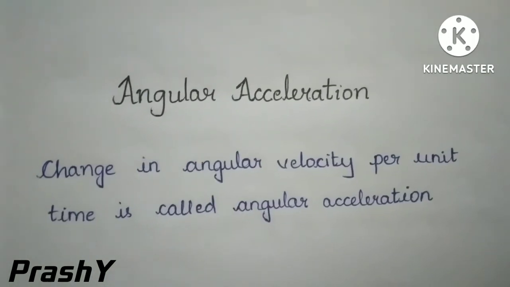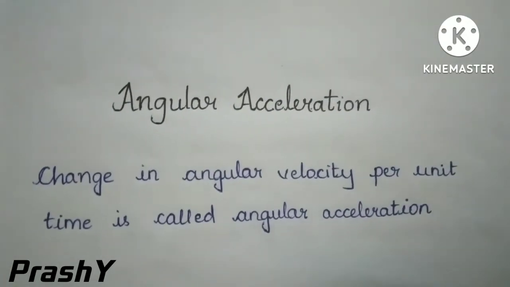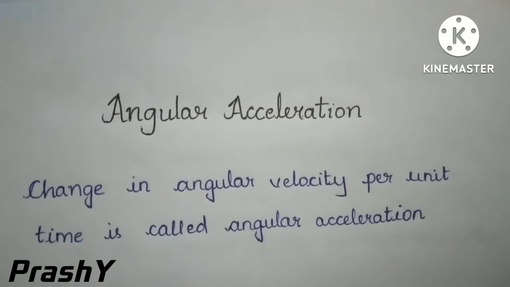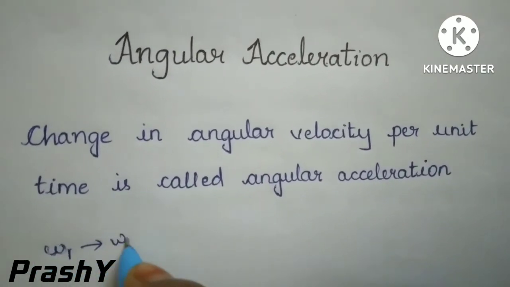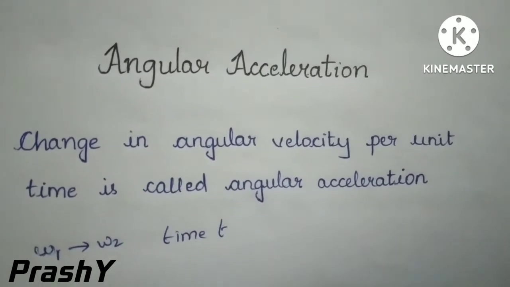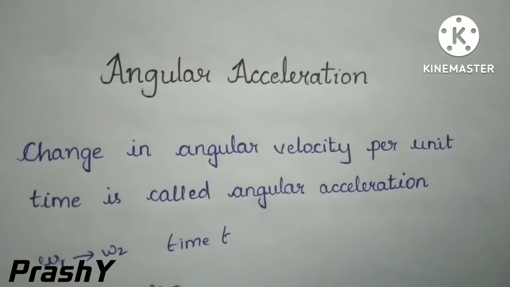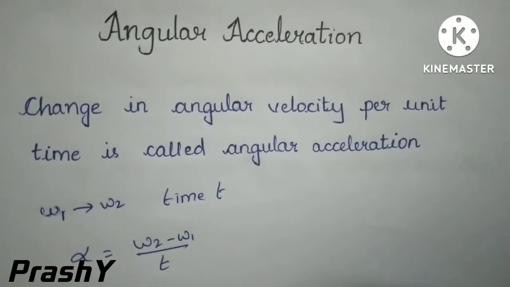So moving to angular acceleration, change in angular velocity per unit time is called angular acceleration. Suppose the angular velocity changes from omega 1 to omega 2 in time t, then angular acceleration alpha is given by omega 2 minus omega 1 by t. So let us write the SI units.